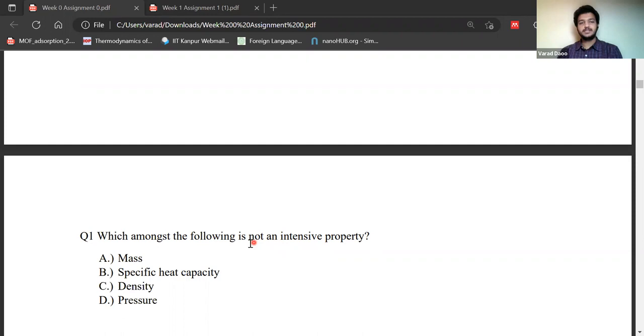Here we are asked for not an intensive property. That means we want an extensive property, right? This is a tricky question in which, instead of asking straight away which of the following is an extensive property, the examiner is asking not an intensive property. So we need an extensive property. Does anybody want to guess what would be the answer?